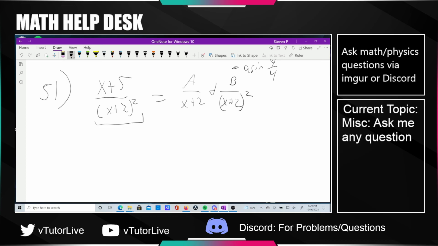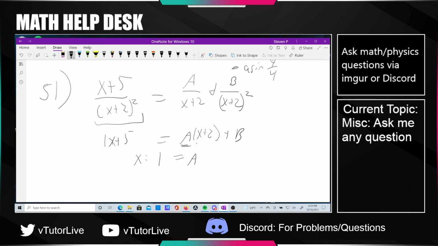The idea is that if you were to go back and put this all over a common fraction, this would look like a times x plus 2 plus b. You're basically matching the numerators, right? x plus 5 is equal to a times x plus 2 plus b. So at this point, it's basically saying, okay, compare the x terms to each other. The coefficient in front of the x is just 1, and that's got to be equal to a over here, right?